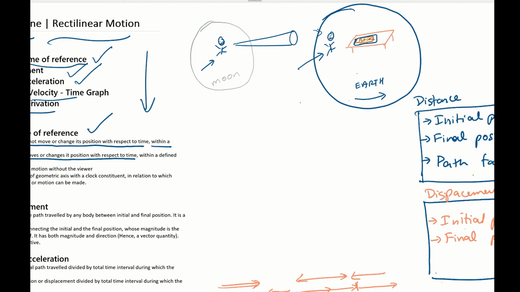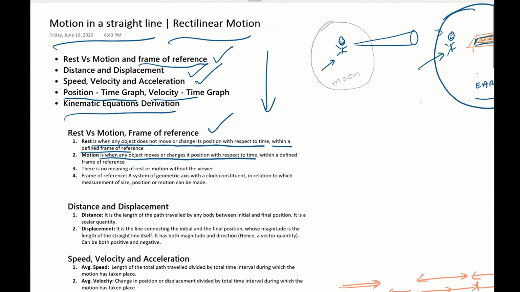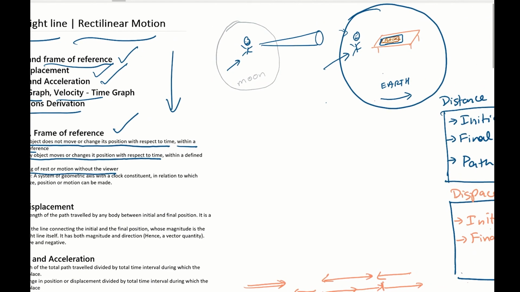Meaning, the frame of reference is convenient to the viewer, or depends on the viewer, so one viewer can say that an object is at rest and the other can say it is in motion. Hence, it is only with respect to a viewer that we can say an object is at rest or in motion.